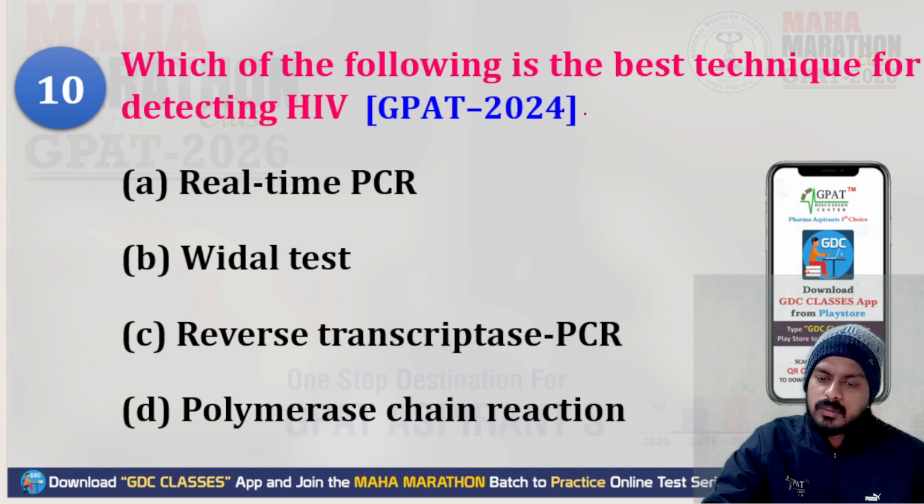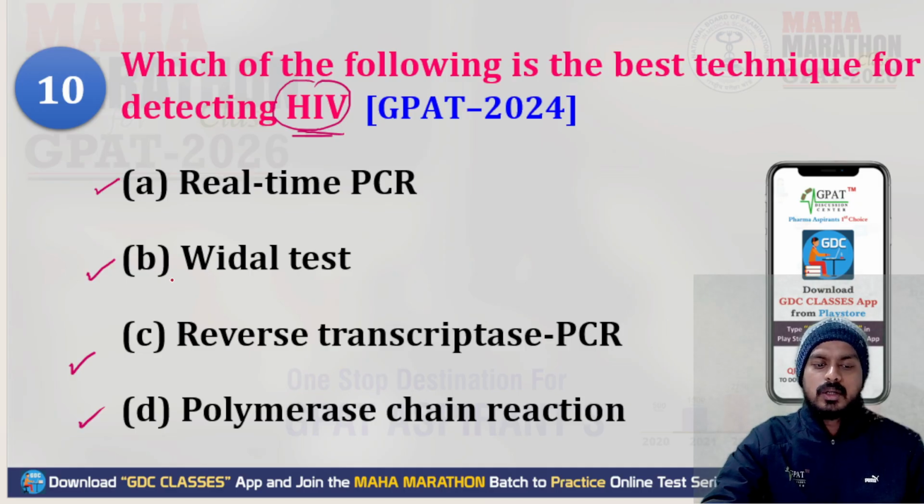Next question. Which of the following is the best technique for detecting HIV, human immunodeficiency virus? Real-time PCR, Western blot test, reverse transcriptase PCR, or polymerase chain reaction? Answer this question. A very simple question, but a little bit twisted.